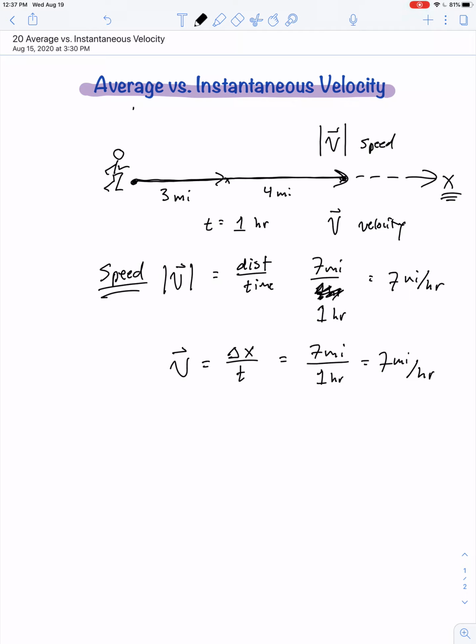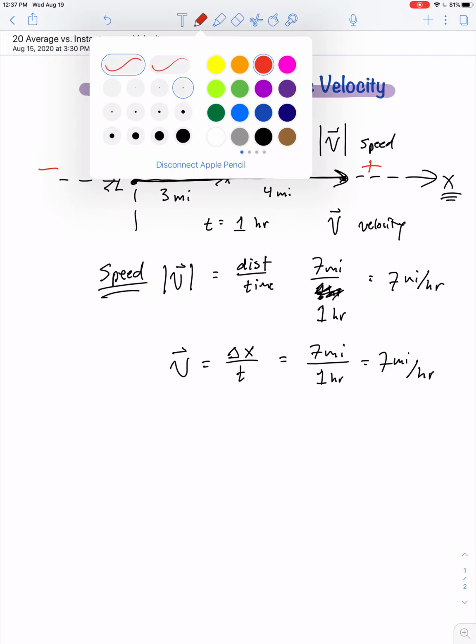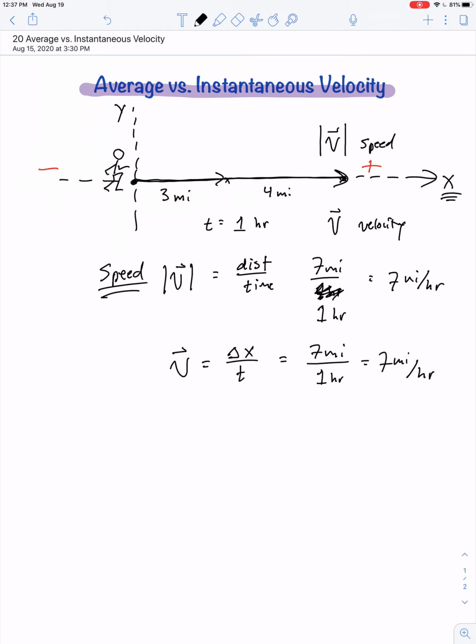So let's make this person start out at the origin. So there's the x-axis. Typically, we say to the left is negative and to the right is positive. You don't really have to do it that way, but conventionally that's how it's typically done. So the way I can state the direction in this case is I don't have to say something like to the right, although that would work.